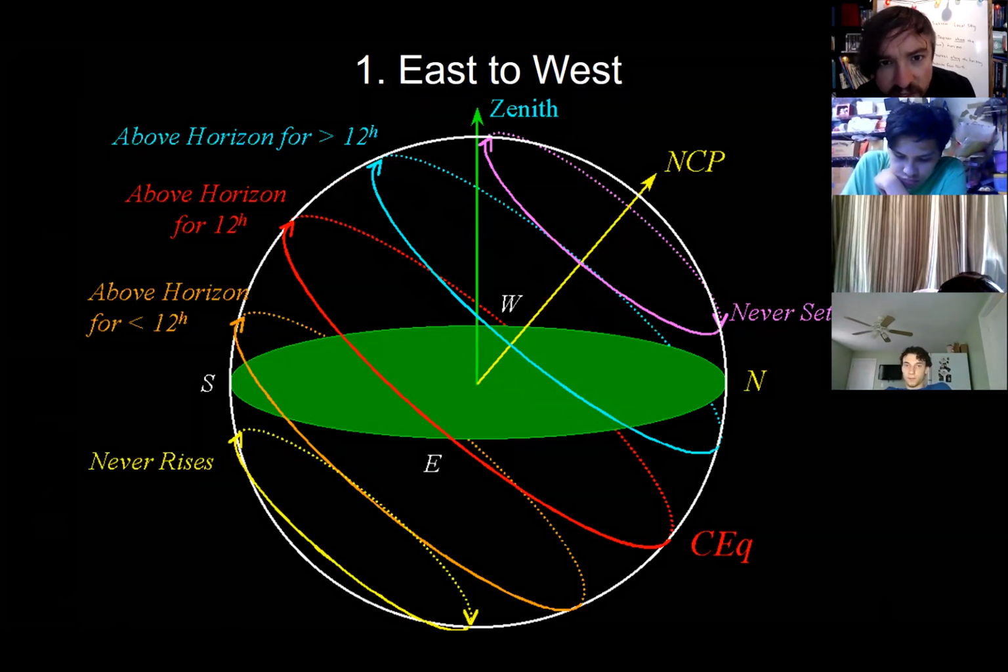So your telescope needs to constantly be changing its altitude and azimuth to track an object. Now, in the old days, that was really annoying because you had to do that by hand.